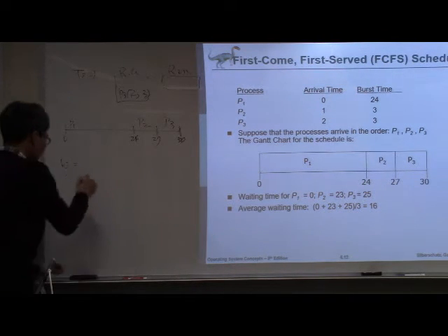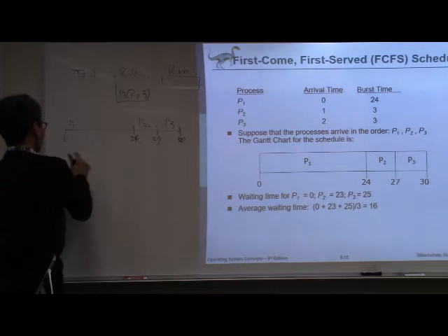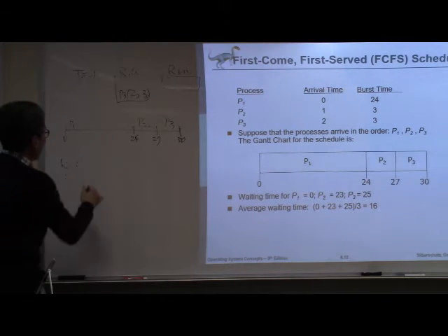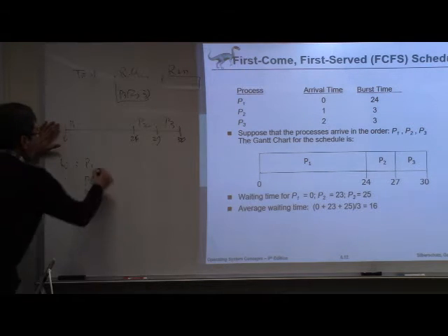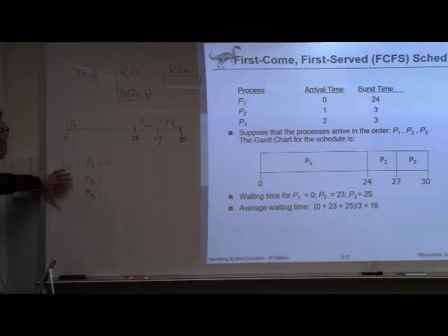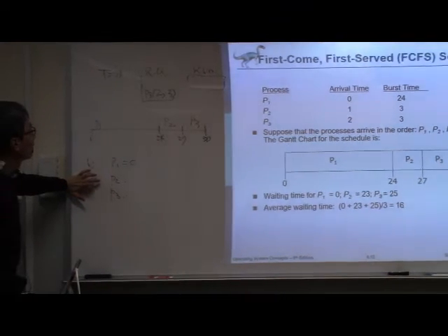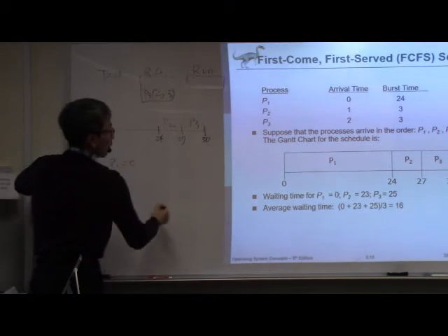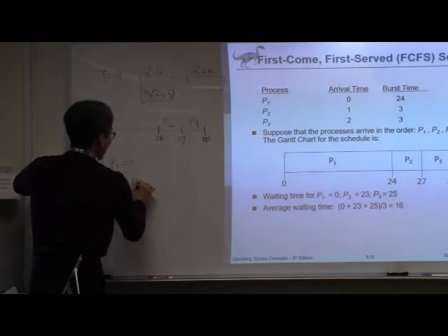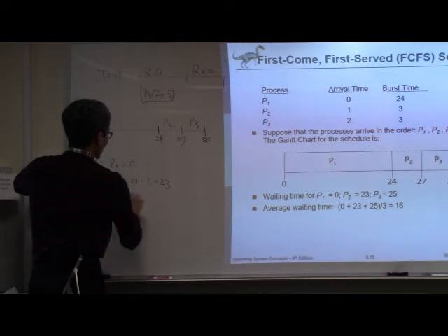So for the waiting time, we have the 3 processes, P1, P2, P3. What is the waiting time of P1? So 0. No wait. And what is the waiting time of P2? It started at 24, arrived at 1. So 24 minus 1 is 23.